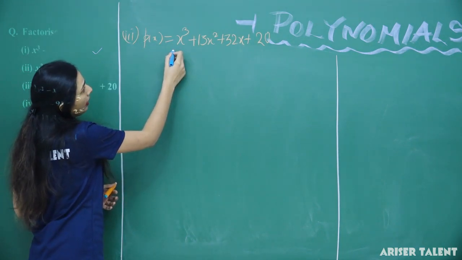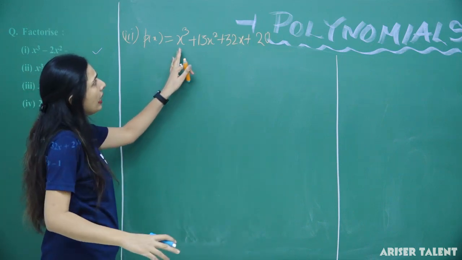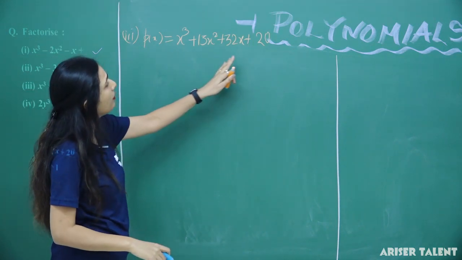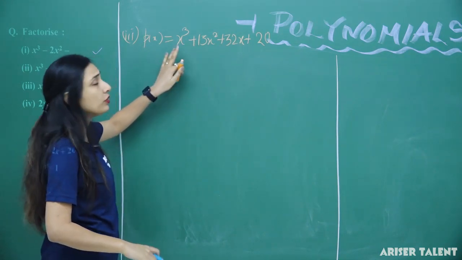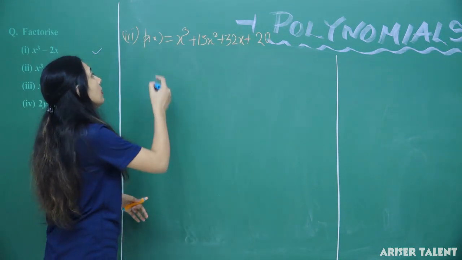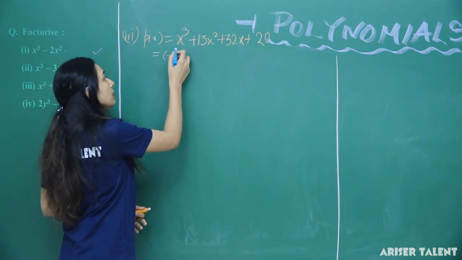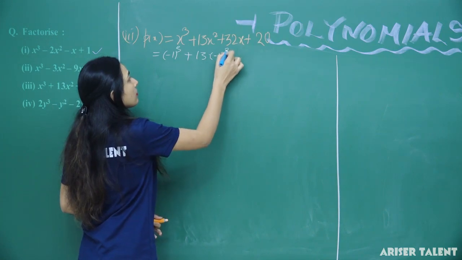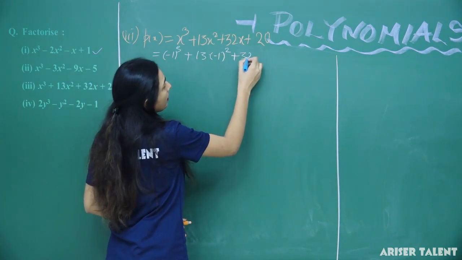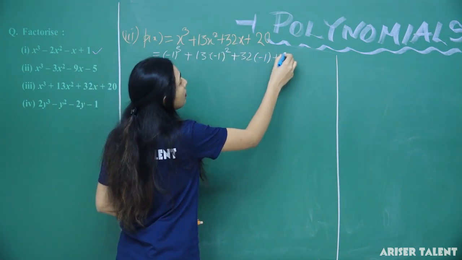If we put 0, that will remain 20. If we go with 1, there will be all positive, so no 0 can be possible here. So, we will directly take minus 1, and we will look whether it is 0 or not.